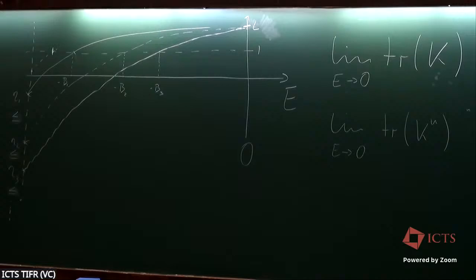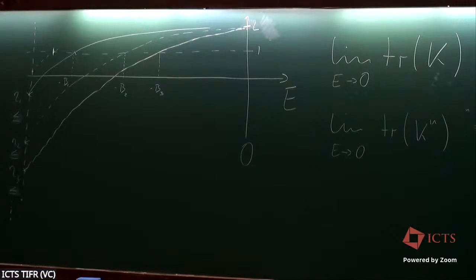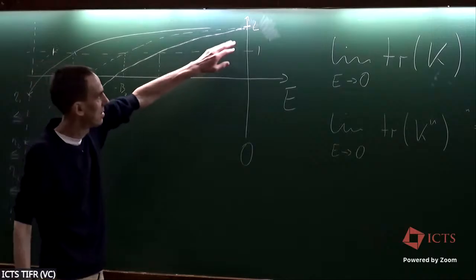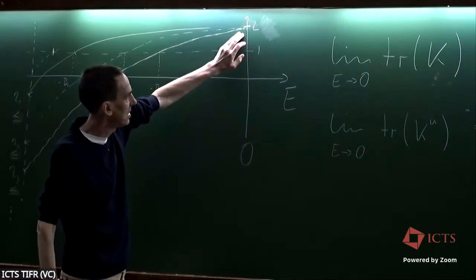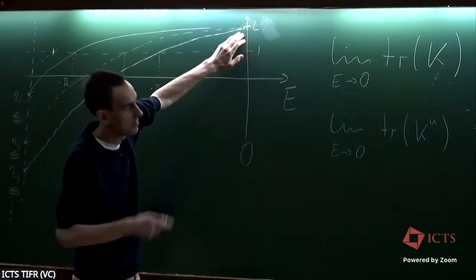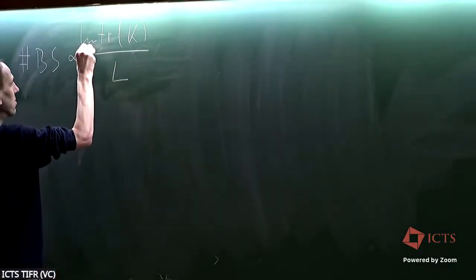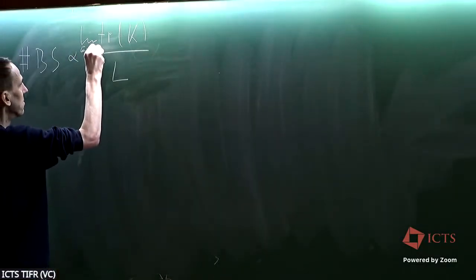So the number of bound states is proportional to the trace of K divided by that L. The trace is the sum of all the elements in that sum, in the limit E going to 0, A to infinity, and is then the number of states accumulating up there.